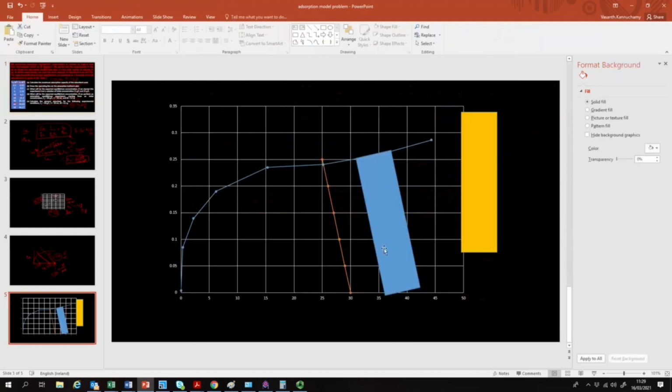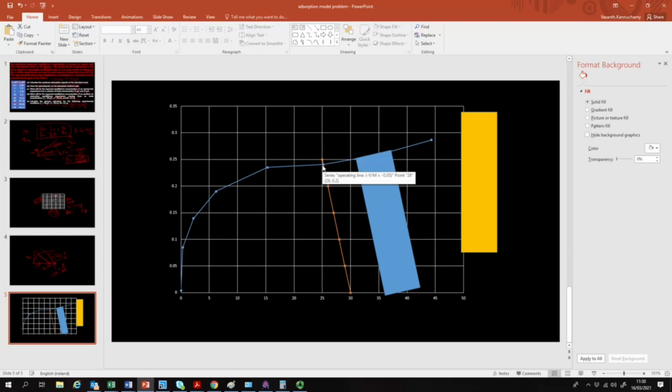What does this orange line state? If you start from 30, and draw the operating line whose slope is equal to minus V by m, it will cut your equilibrium curve exactly at the Ce value. The blue point is the corresponding Ce value if you started our experiment at 30 grams per liter.